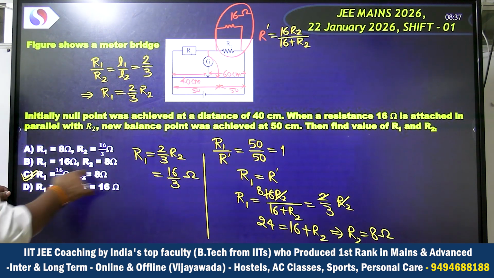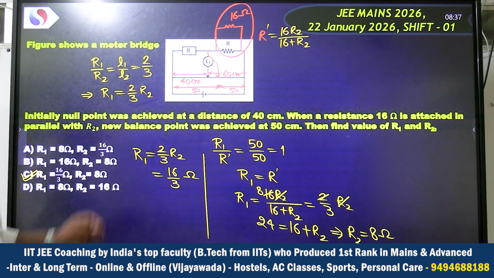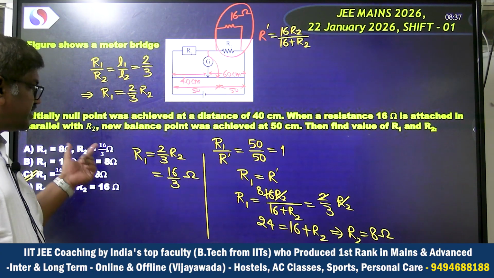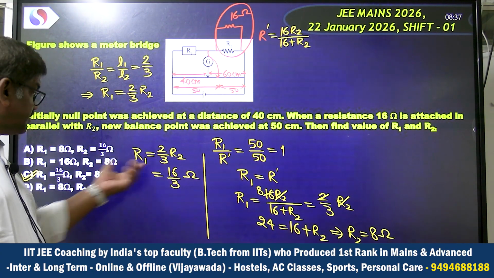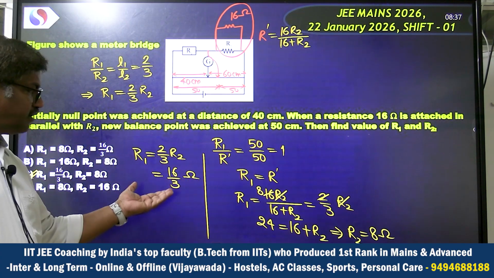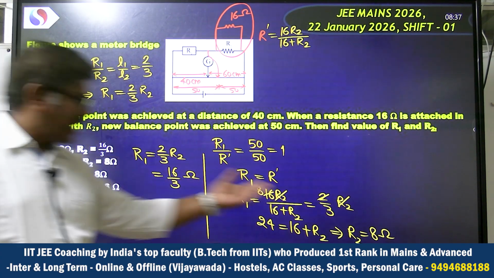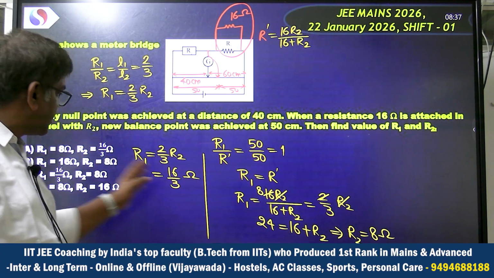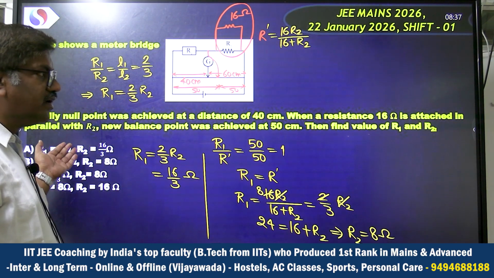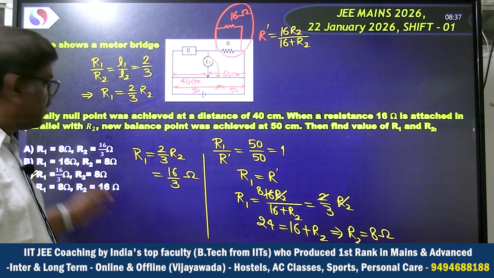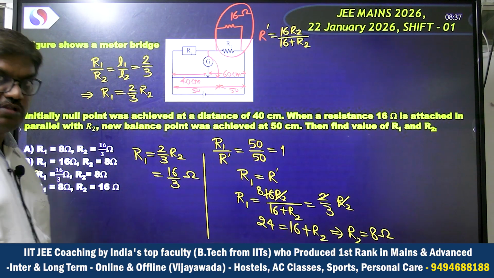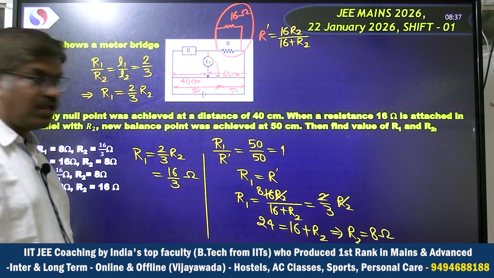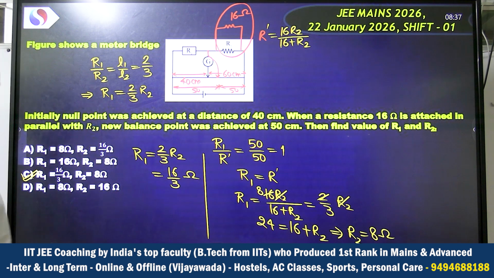These small observations matter: if you are in a hurry or lose your temperament during the exam, because we calculated 8 first and 16 by 3 later, students generally rush and mark the wrong answer. So please be careful during the exam and read the options correctly. Okay, let's move to the next question now.